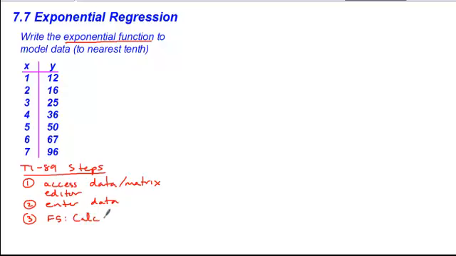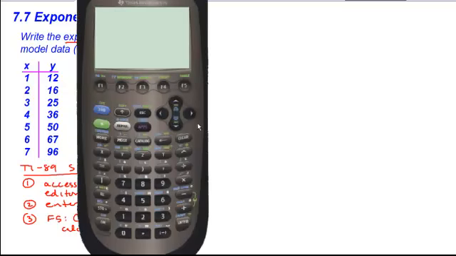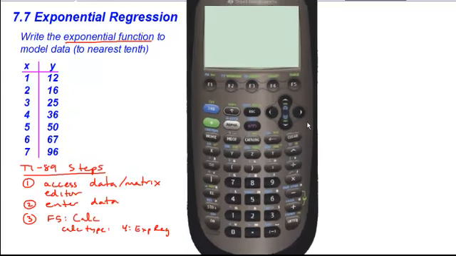You're going to choose calculate, the F5 tab, and then the calculation type that you choose will be number 4, EXPREG, which stands for exponential regression. Okay, so let's take a look at how that would look on your calculators.